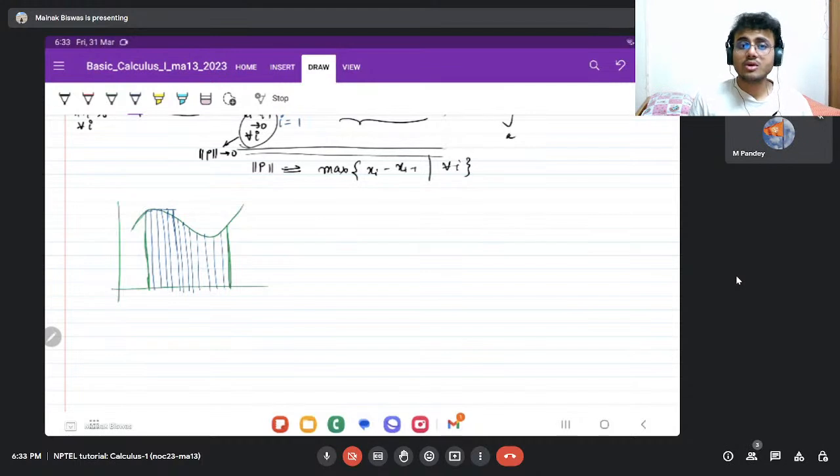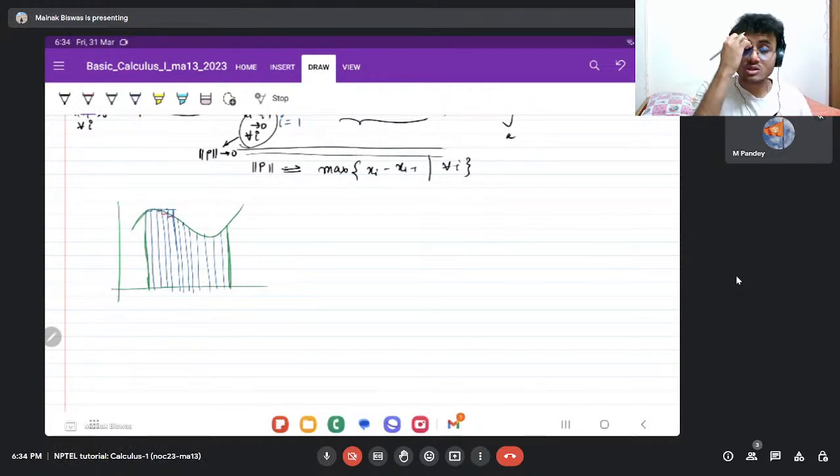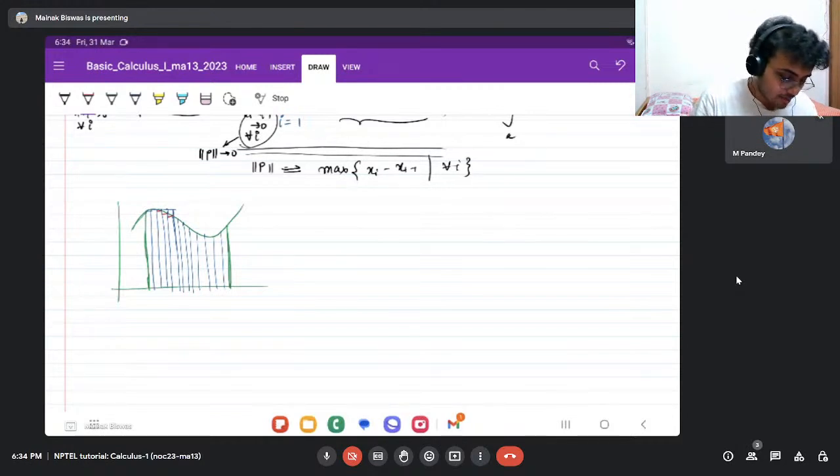I can do it the other way around also. What is the other way around? This. Okay, both are valid solutions. I hope you're understanding. Left sum and right sum.